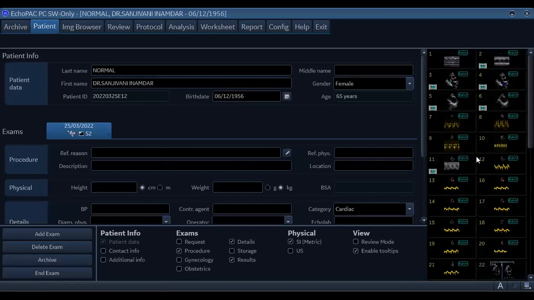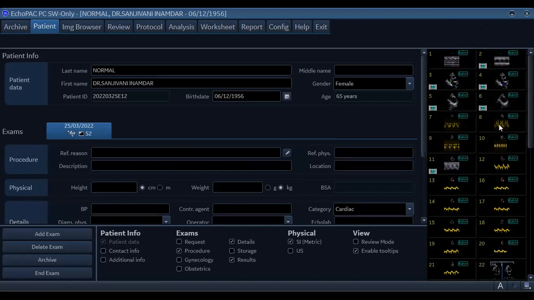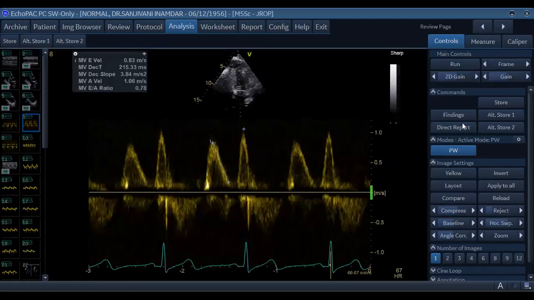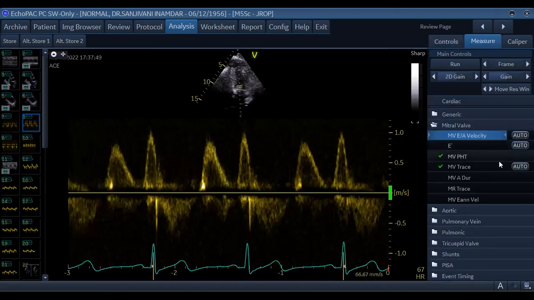So I'll pick up my mitral flow first. All right. Now I'll go towards measurements. Go to mitral valve and look at this screen.